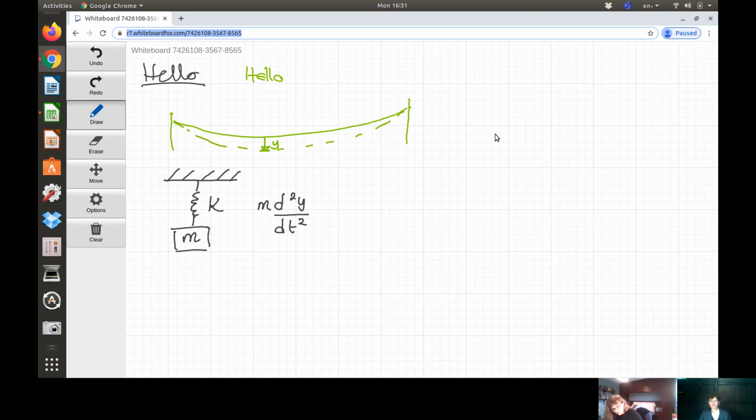And that will be equal to the opposite force, the ky. Let me put it on the left-hand side as plus ky, equal to any external force that we've incorporated. Sounds good.